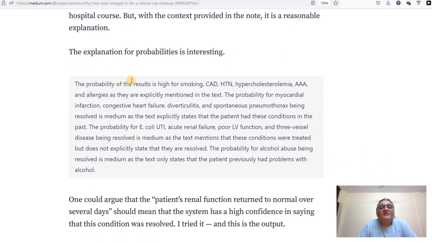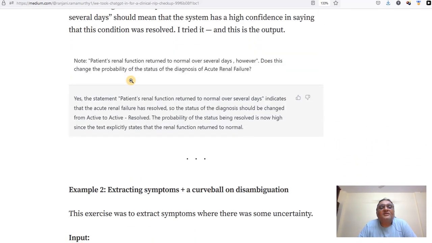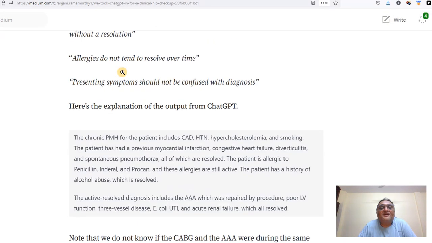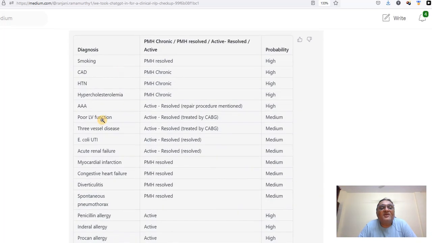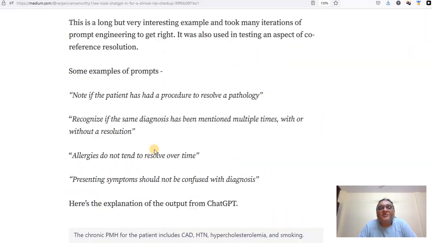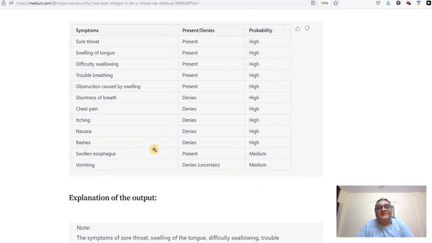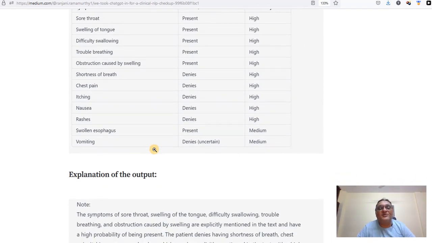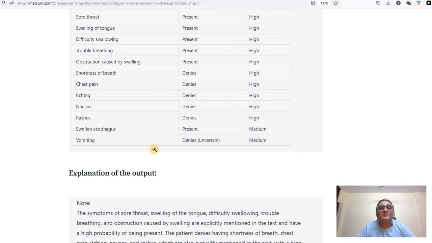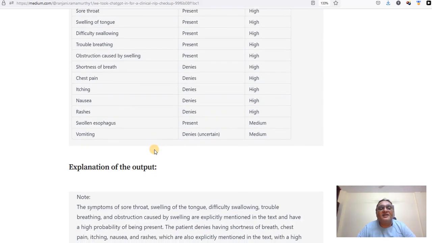No, that's not an explanation. Yes, here the patient's renal function returned to normal over several days. However, does this change the probability or status of the diagnosis of acute renal failure? Here it had given acute renal failure as one diagnosis with medium probability, but the doctor is challenging. So the doctor remains in control, and these tools are just used for making the work easy.